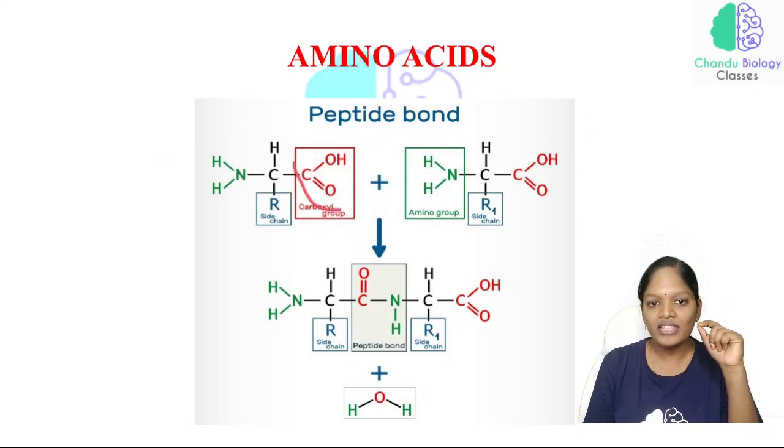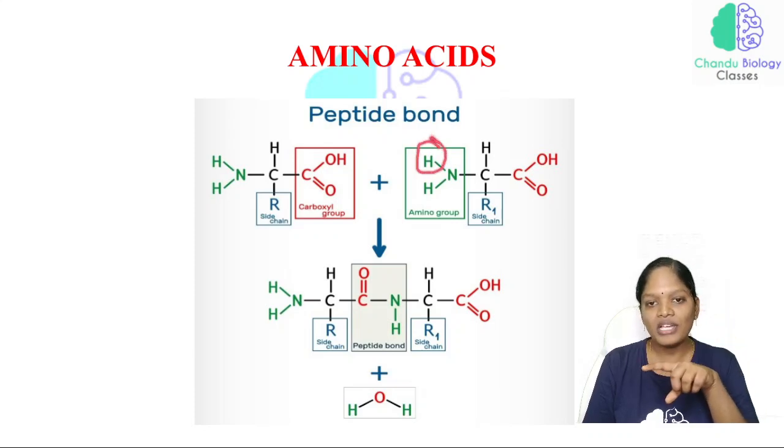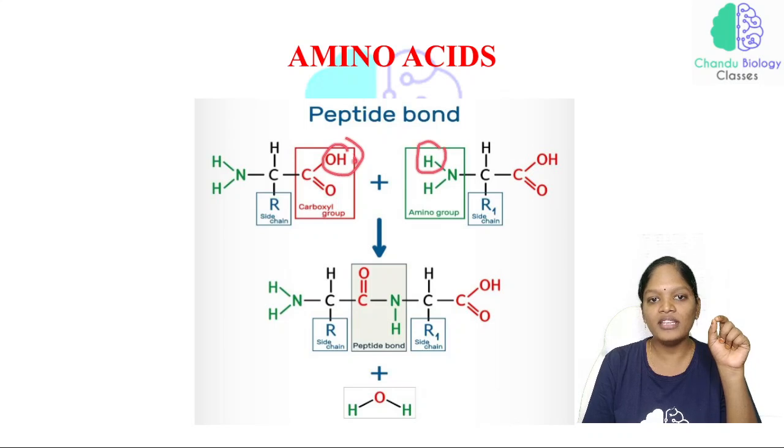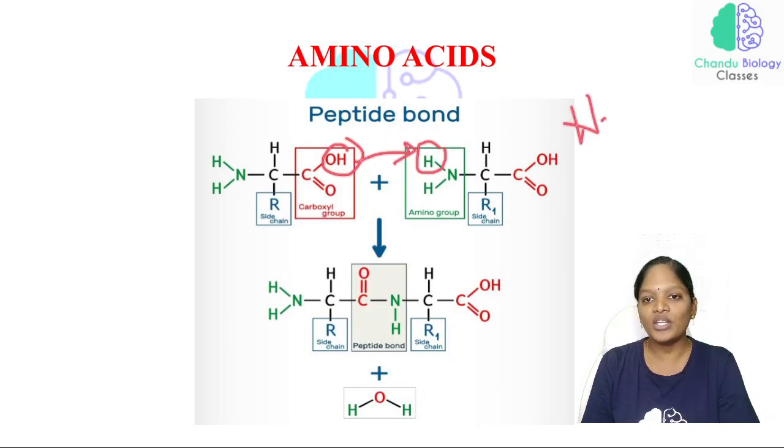So we have the COO, isn't it? And the hydrogen of the amino group from one amino acid and the OH from the other amino acid have been released as what? Water. And the water has been removed.